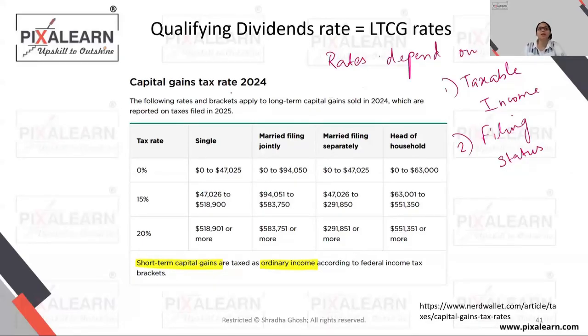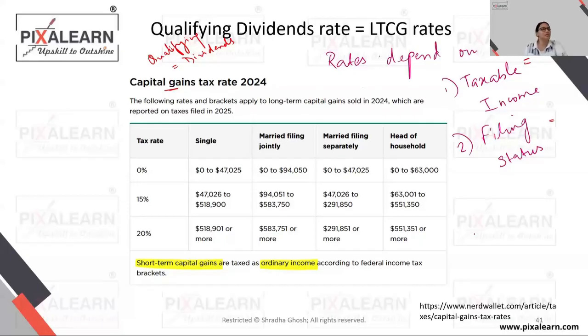Now see, the capital gains rate is equal to your dividends rate also. But not all dividends, only qualifying dividends. So the moment you are a US entity distributing dividends and the recipient gets them, and you have held on to those shares for a long period of time, then you don't pay tax at the ordinary income tax rate, which depends on how much money you're otherwise earning and your filing status.